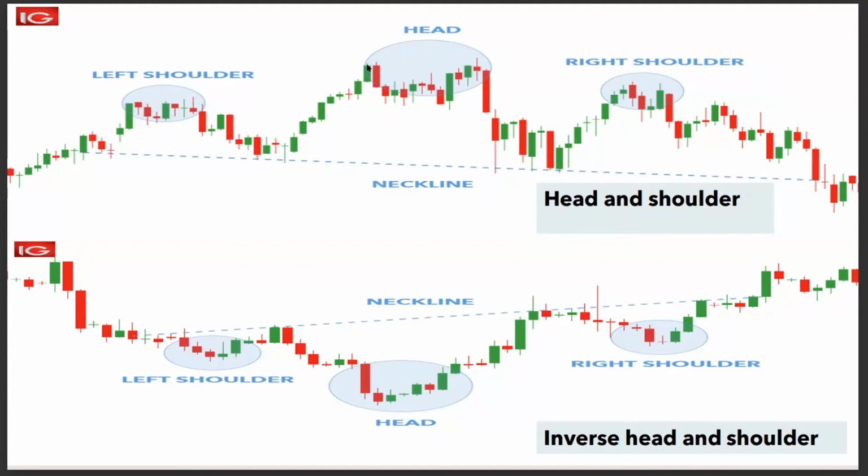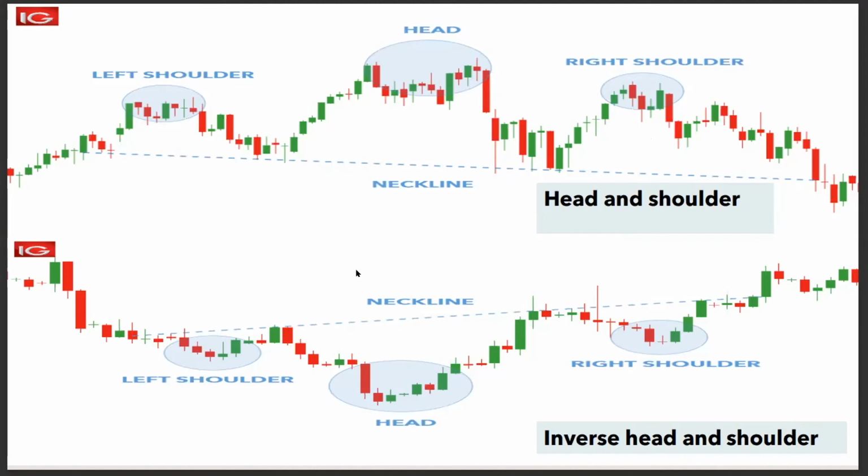The top will be the head, this will be the left shoulder, and this will be the right shoulder. Whenever you see this pattern, and if there is an area of confluence, this is a definite trade. You can take a reversal trade. For example, here you can take a sell trade, and you'll get a lot of profit.